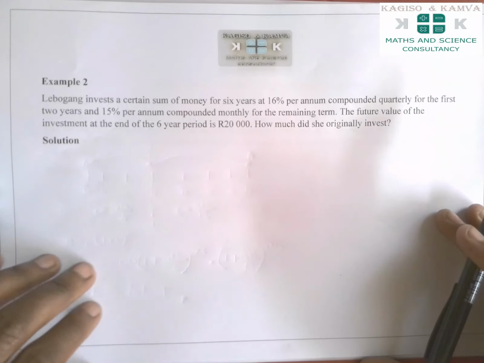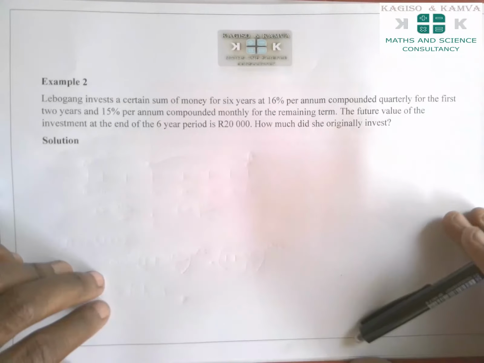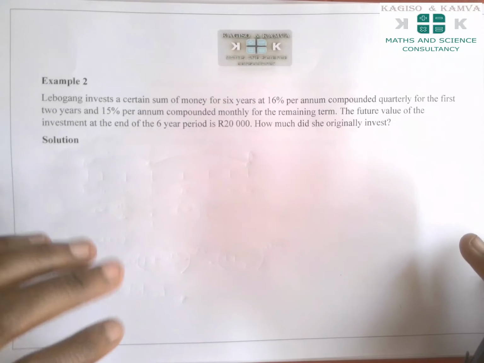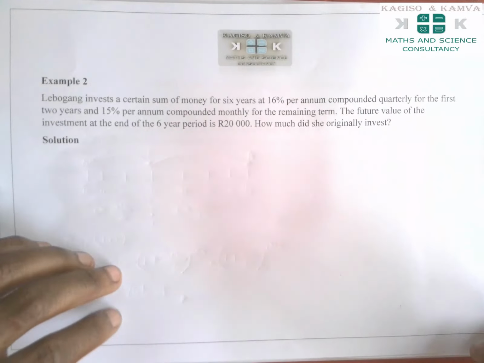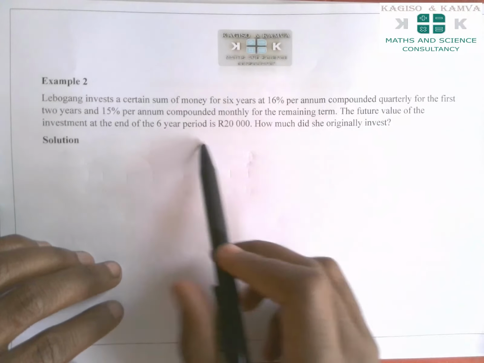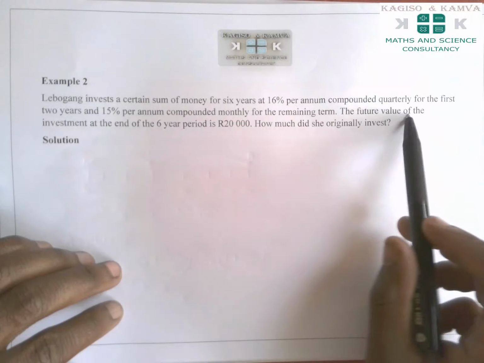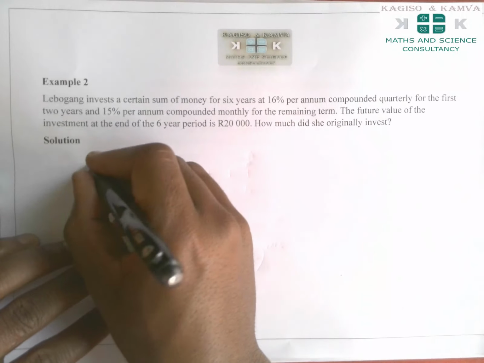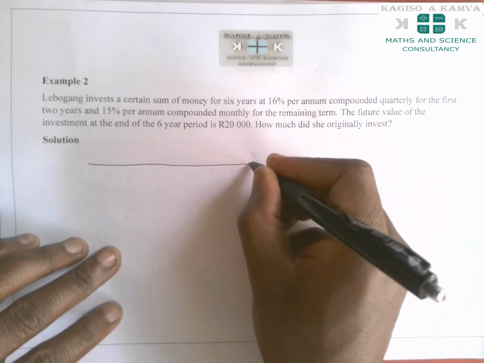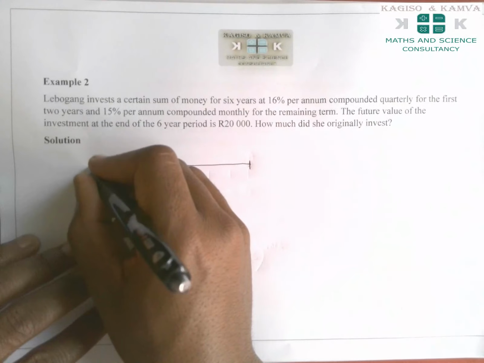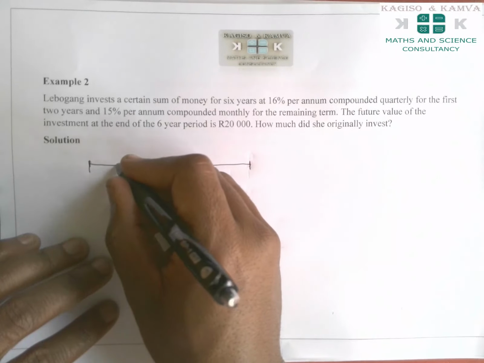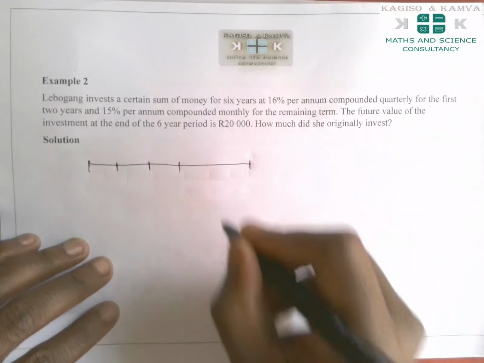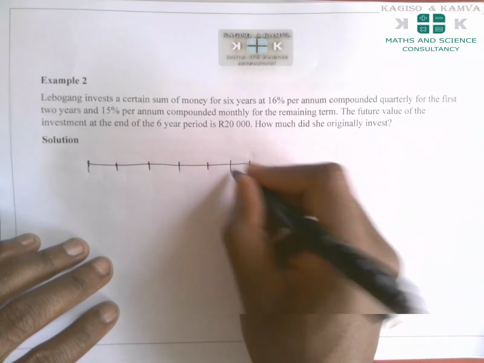Okay, so how are we going to get this? Because this is also a complicated problem, we also use a timeline. So for 6 years, we're going to have something like this, which is going to be our timeline. Now we're going to have 1, 2, 3, 4, 5, and 6.